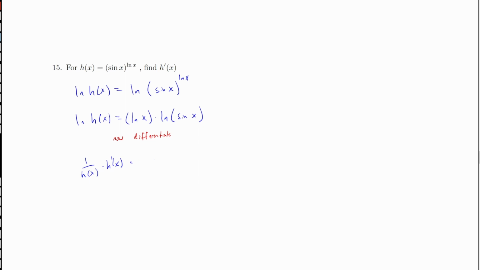On the right, I have a product rule. So we have the derivative of the first times the second left alone plus the first left alone times the derivative of the second.